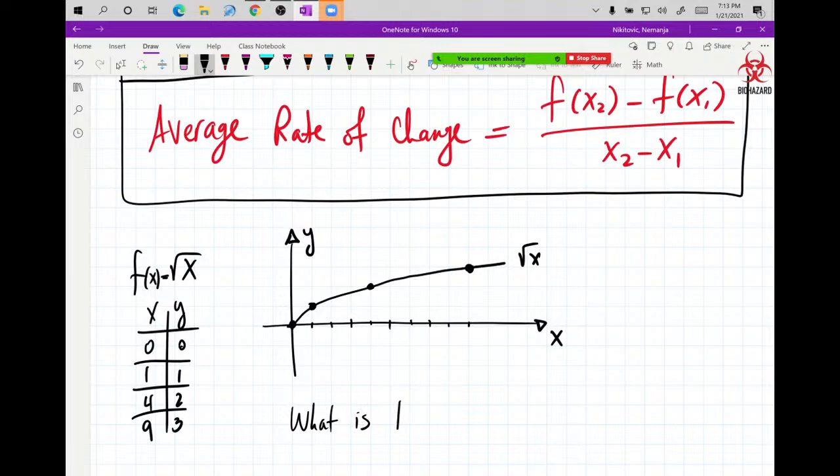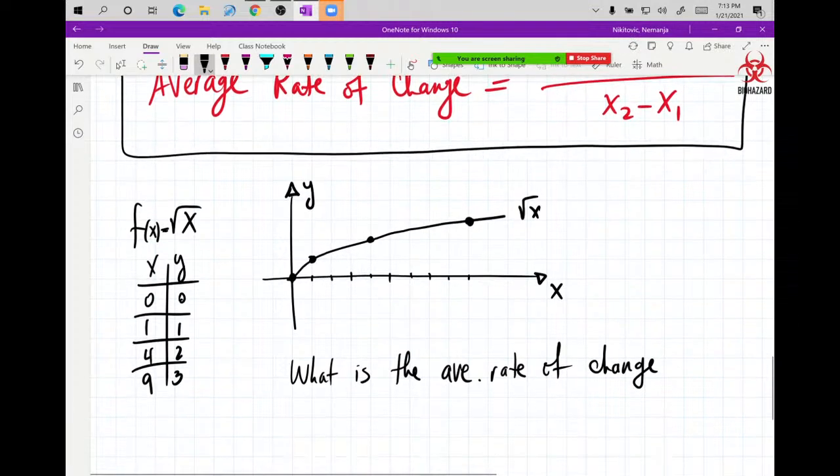What is the average rate of change between 4 and 9?